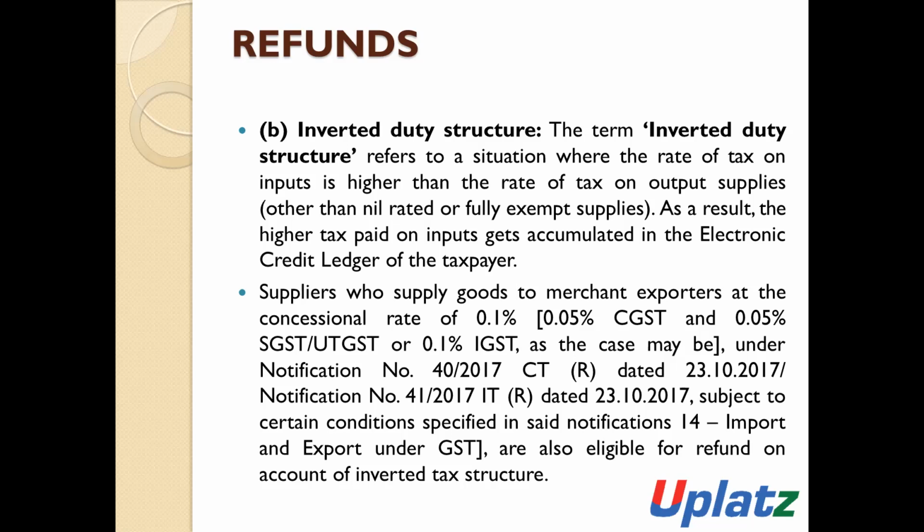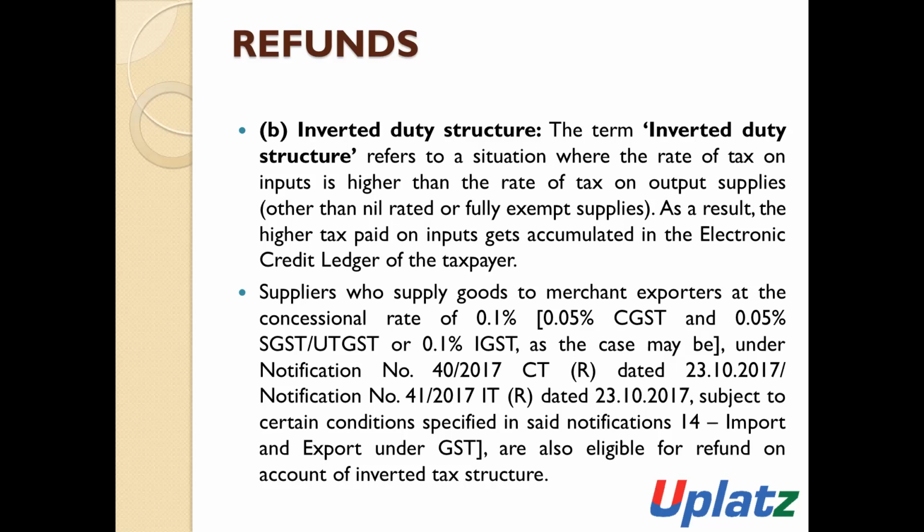For example, Mr. Ram purchases some inputs for the production of some output. The rate of GST on input is 28% and the rate on the output is 18%. So it is known as inverted duty structure.